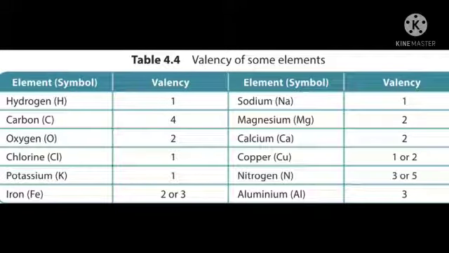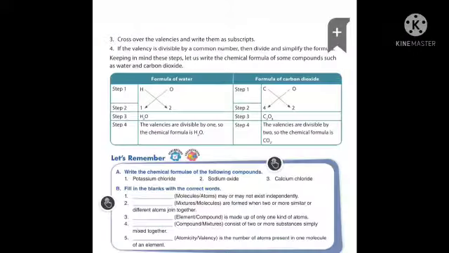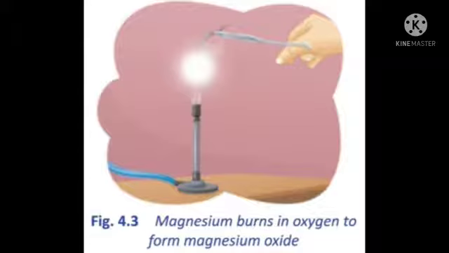Balancing the equation. What you want to do is count the number of atoms of each element on both sides, left hand side and right hand side. On the left hand side you will write the reactants, and on the right hand side you will write the products. In between you should draw the arrow.